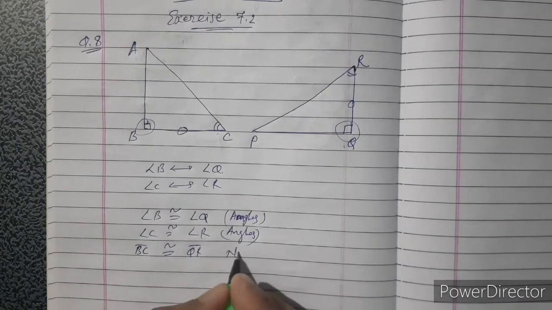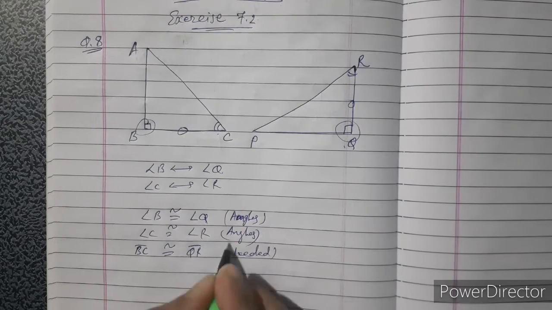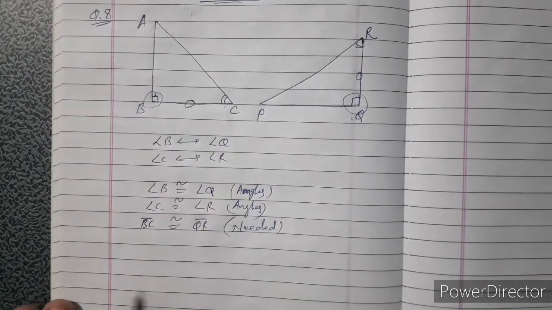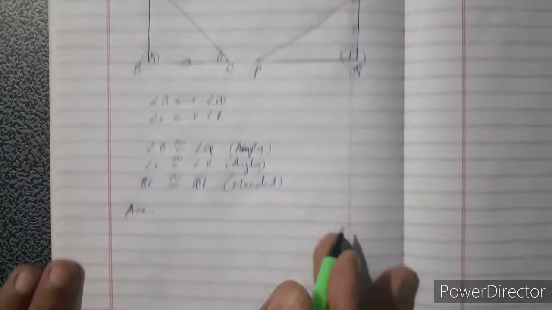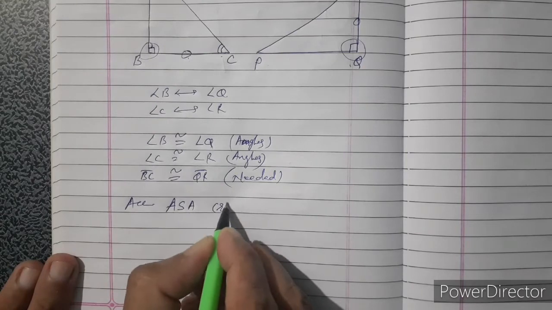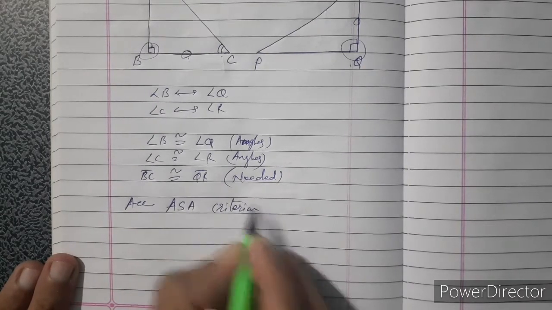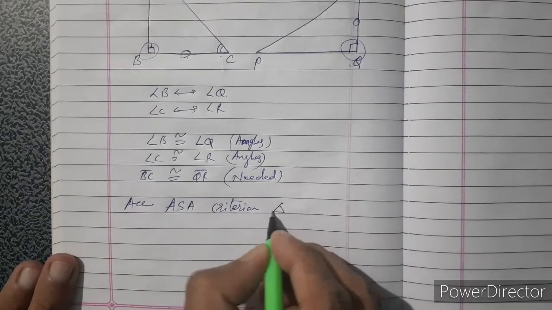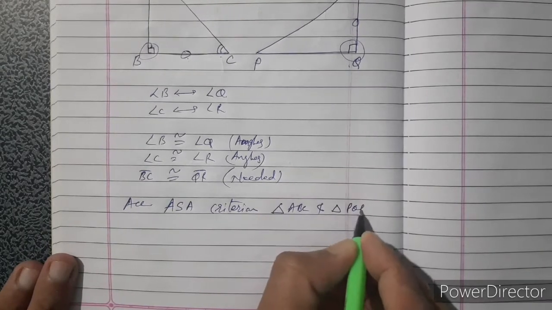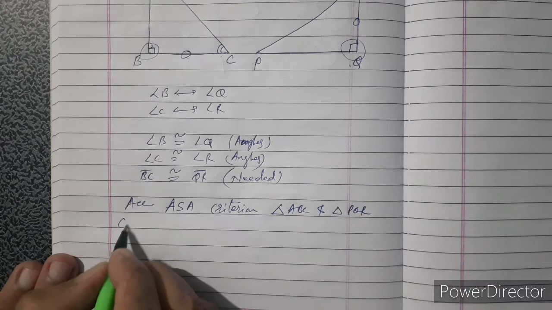Now, two angles and the included side, that means according to ASA criterion, triangle ABC and triangle PQR are congruent.